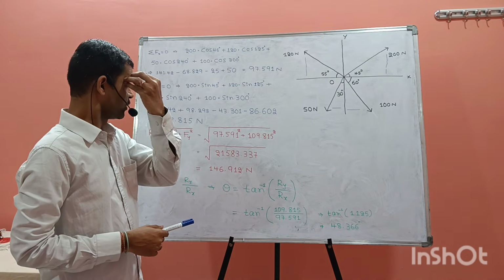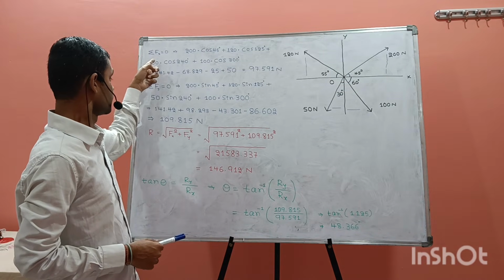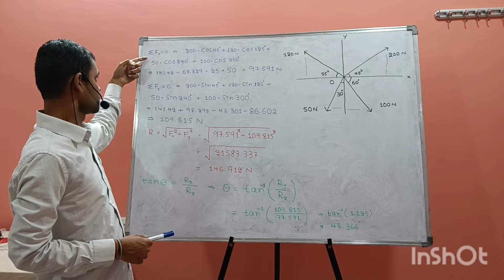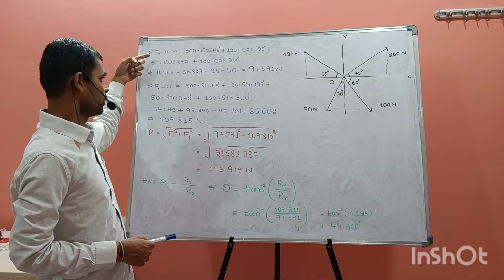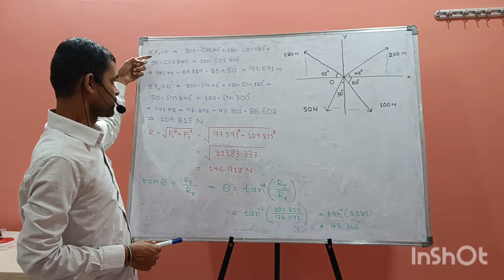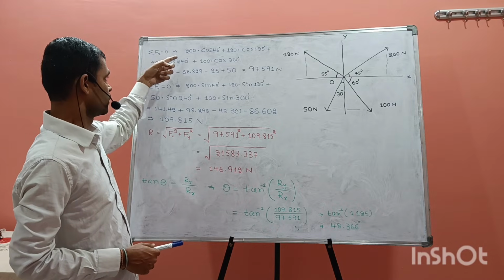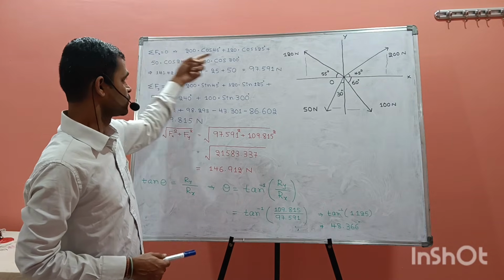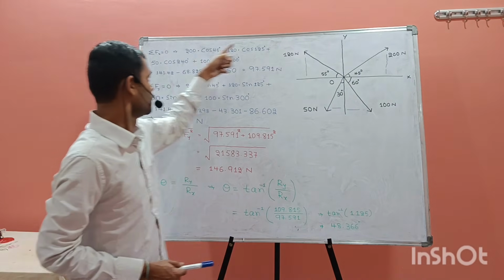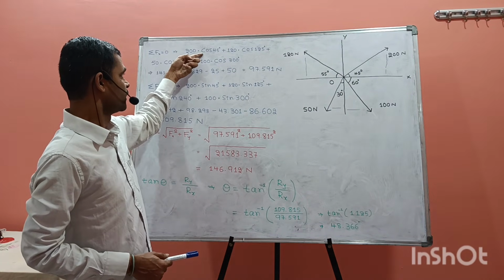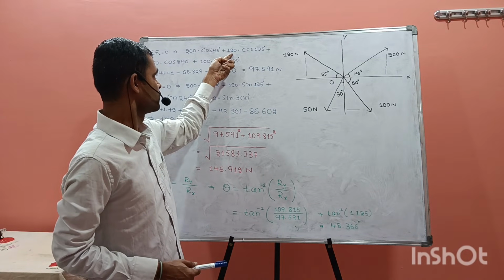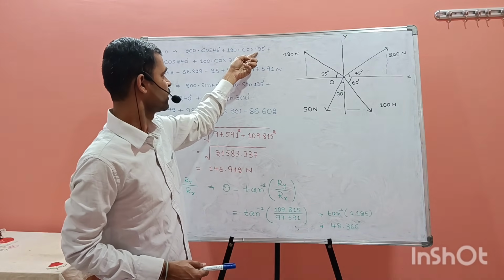In this method we are taking sigma Fx equal to 0. This means we are taking equilibrium of forces in the x direction. So the first force, 200 newtons into cos 45 degrees, and for this force, 120 into cos 125 degrees.